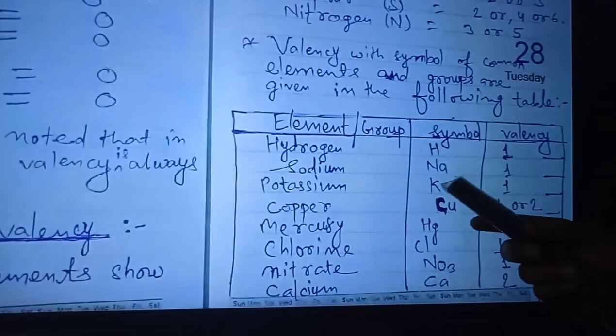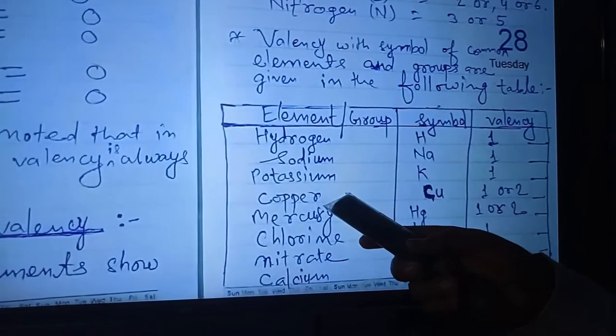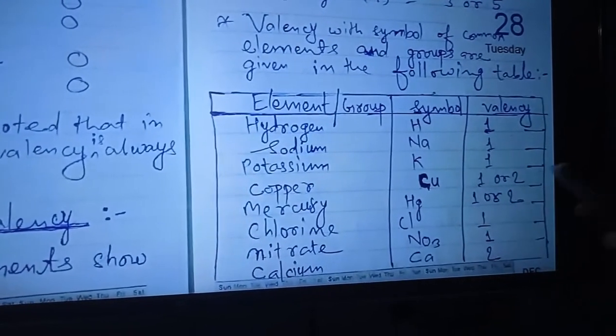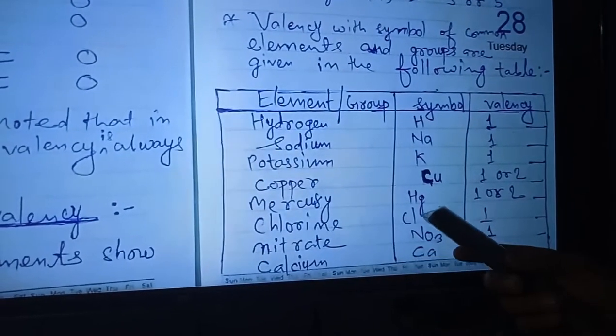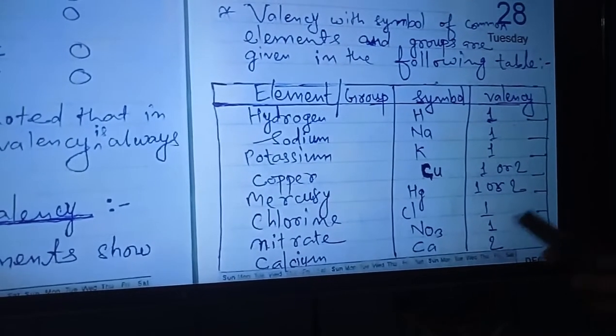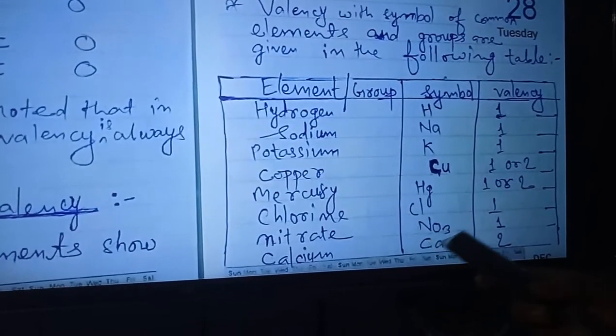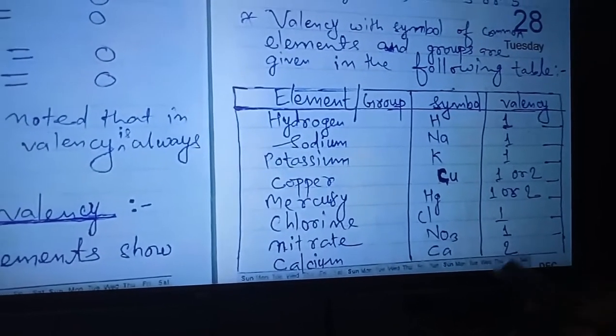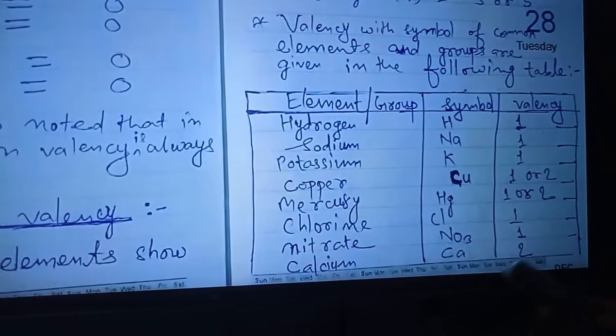Sodium Na 1. Potassium K 1. Copper Cu 1 or 2. Mercury Hg 1 or 2. Chlorine Cl 1. Nitrate NO3 1. Calcium Ca 2.